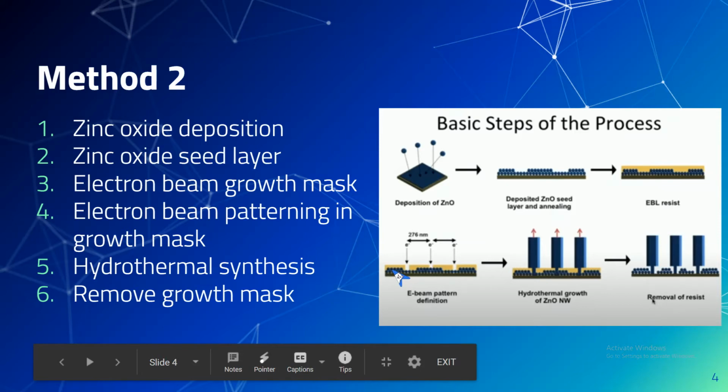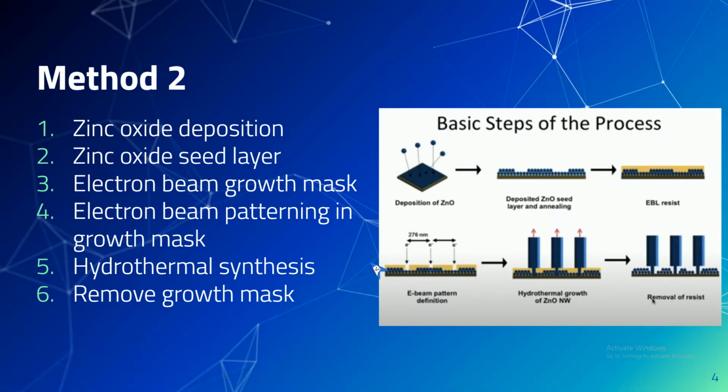And so using electron beam lithography, a method of lithography using electrons to shoot off of surfaces, and using a resist, a growth mask is formed over this initial seed layer. So in this image, the yellow bit is the growth mask, which forms over that blue seed layer.